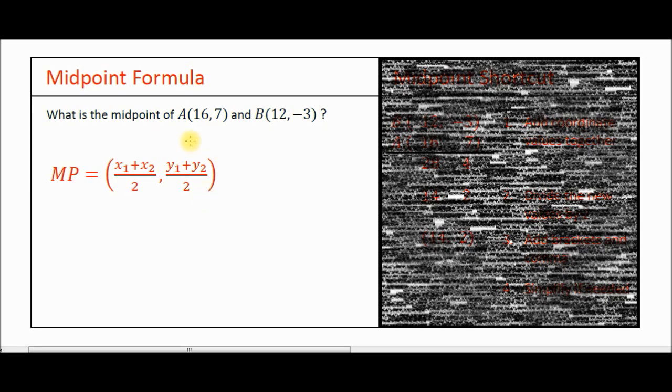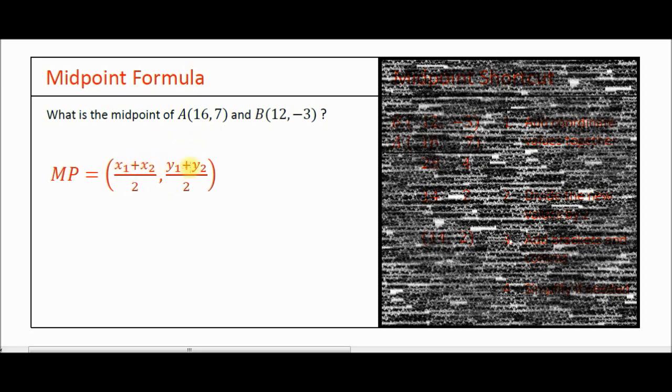I want to make sure, class, that you write here that the midpoint is (x sub 1 plus x sub 2 over 2, comma, y sub 1 plus y sub 2 over 2). This gives you a new coordinate, an x value and a y value, and that's where your midpoint is going to be. We have to figure out where we get x sub 1, x sub 2, y sub 1, y sub 2.